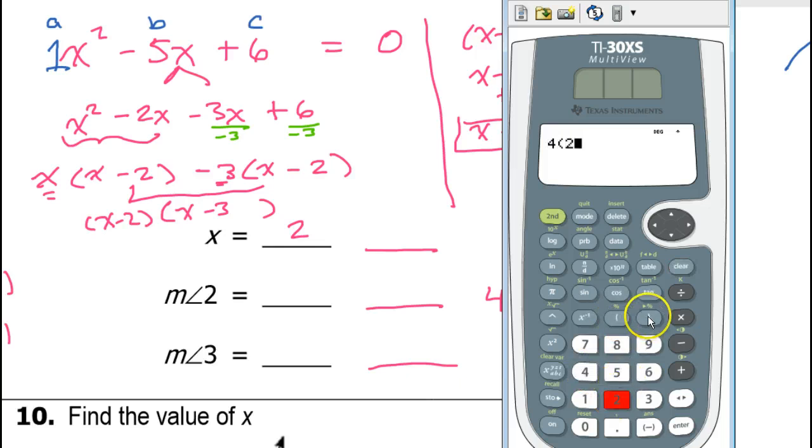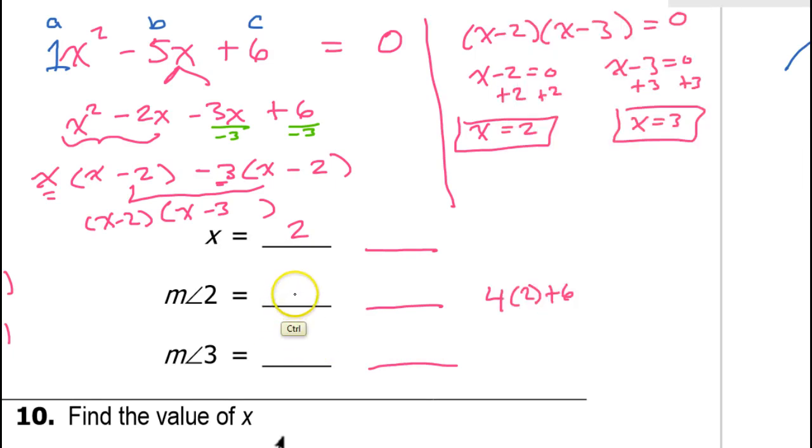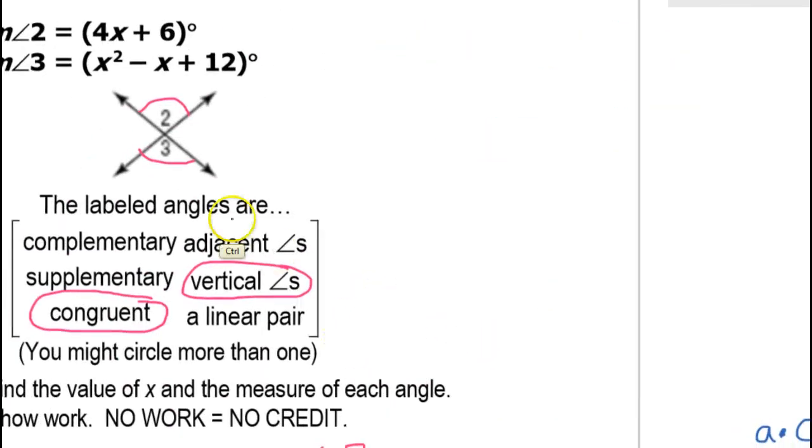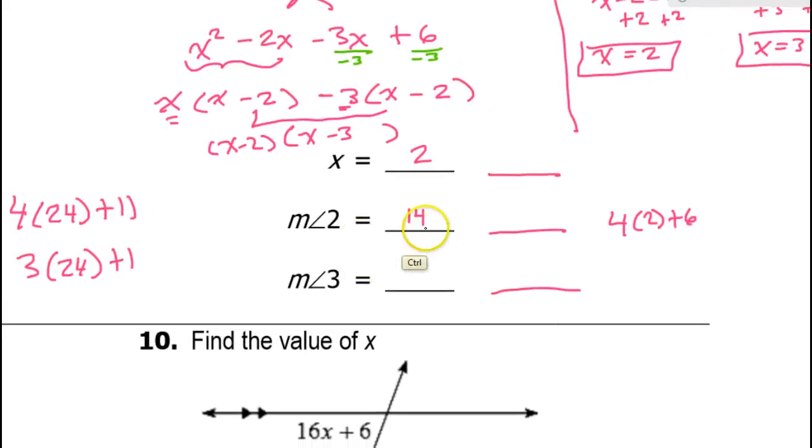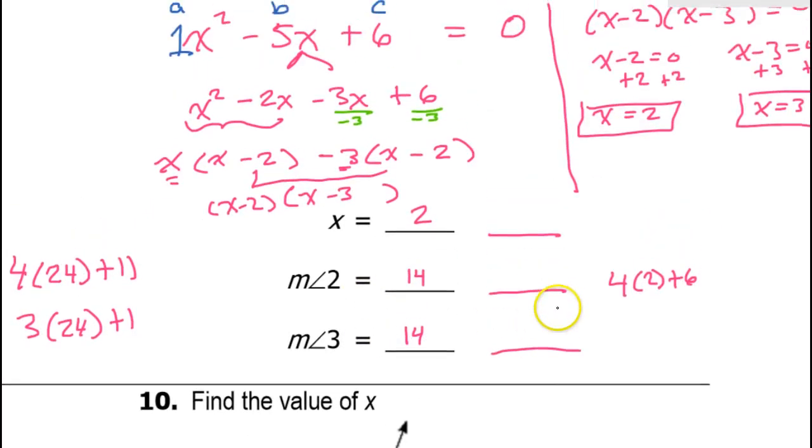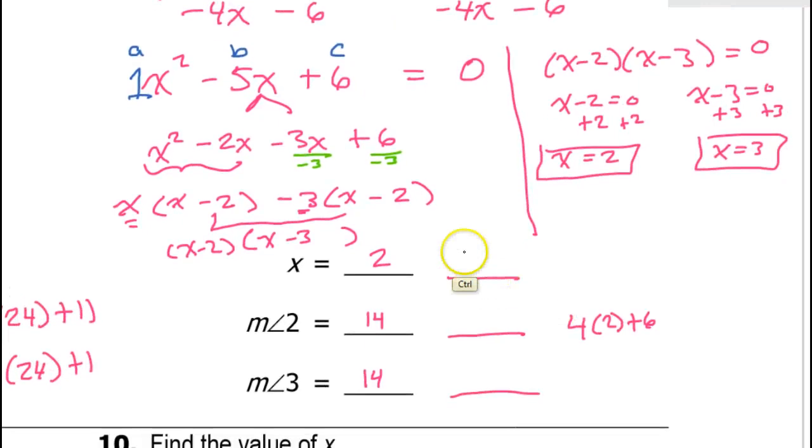You should be able to do this in your head. So that's going to be 14. What about the measure of angle 3? These should be equal. So if this is 14, then this will also be 14. So far, so good.